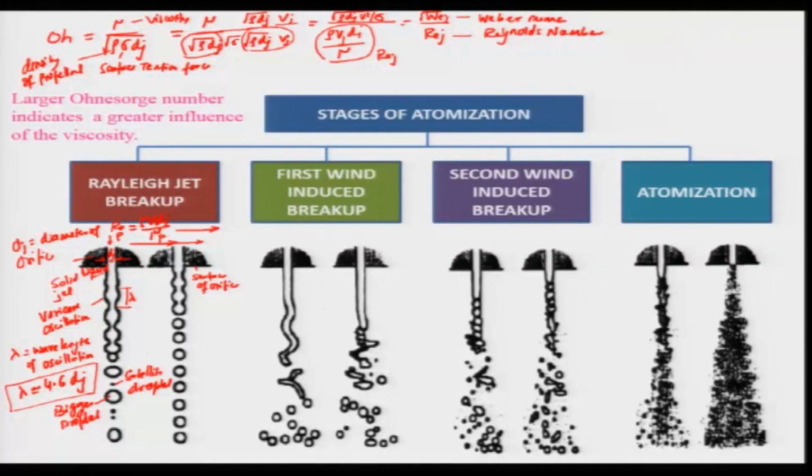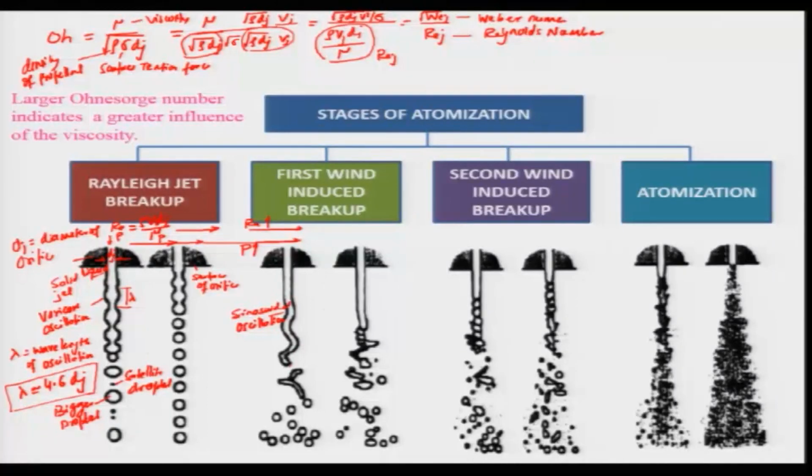And now, if the pressure is increased further, the Reynolds number is also increasing further. What will happen is the velocity will be higher, and the liquid will be coming as a solid jet and is subjected to sinusoidal oscillation.